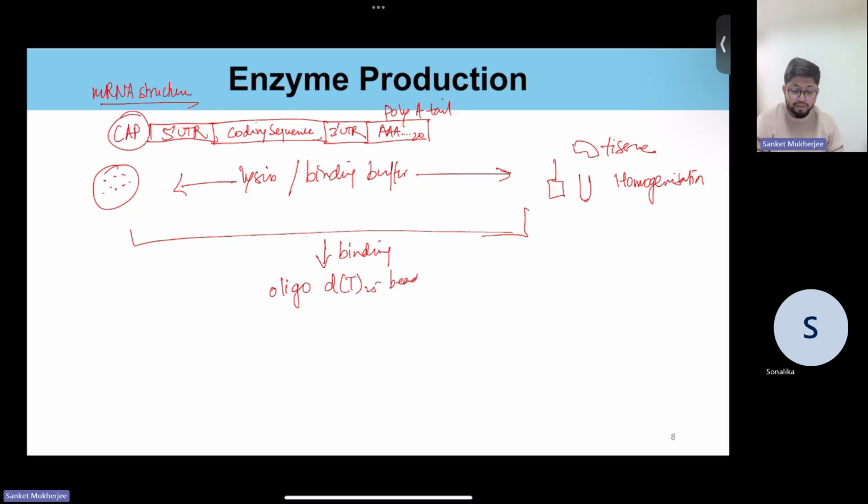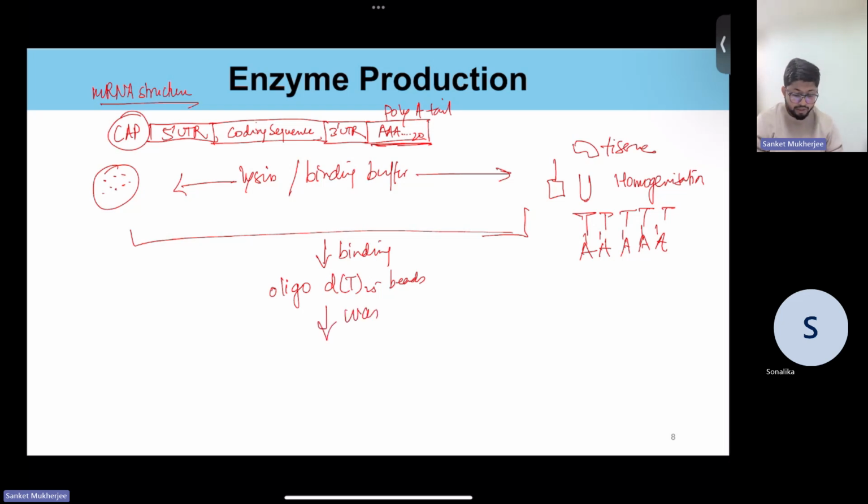So basically, based on the very characteristic that all these mRNAs have a poly-A tail, if you have a continuous T, then these A's will bind with the T, and this is the exact principle based on the complementarity of DNA, it will actually help in binding.